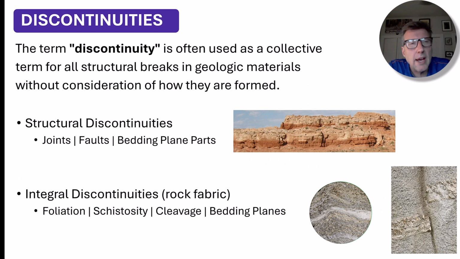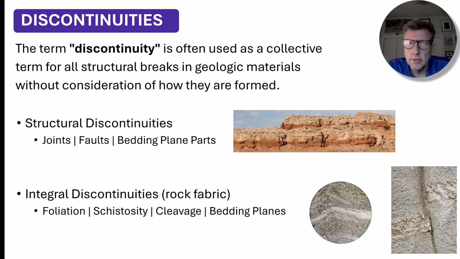Next, we have to talk about discontinuities. I like to classify discontinuities into 2 broad categories. Structural discontinuities are defined by a pair of surfaces, sometimes referred to as fracture walls, that have been displaced either by opening or by shearing from their original positions.